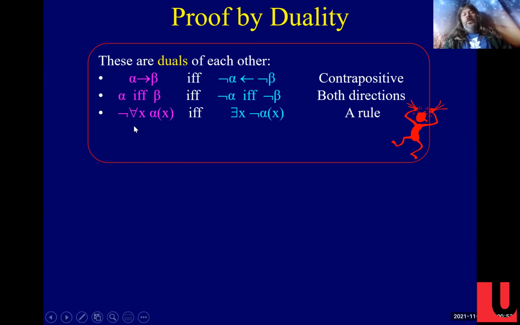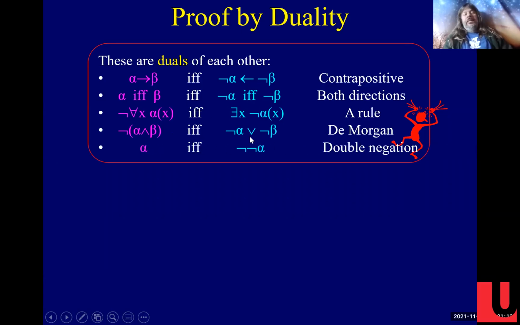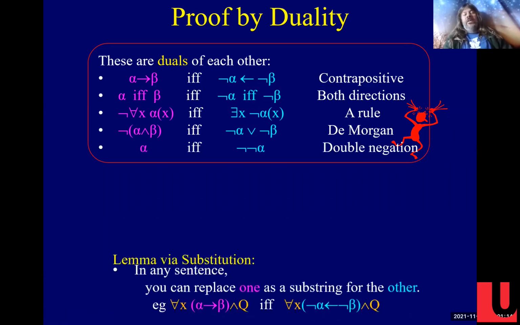When we do for alls, you can bring the negation in and it switches the for all to an exists. And De Morgan: you bring the negation in and you switch the and to an or, and double negation.